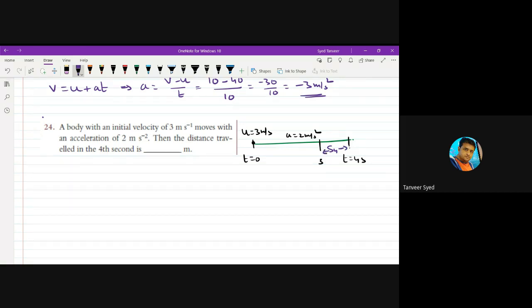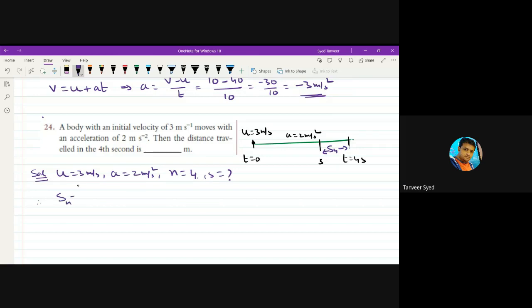The moment you see fourth second, second second, seventh second, nth second, you should understand that you have to use the fourth equation. U is given 3 meter per second. A is given. N is given 4. S is to be calculated.